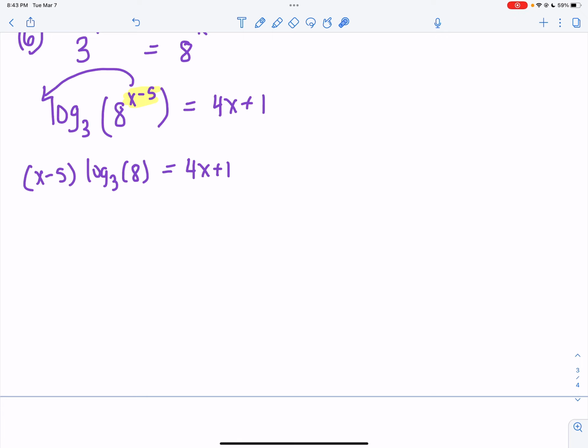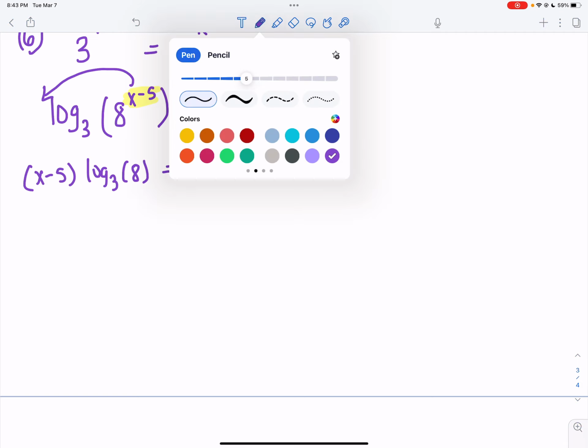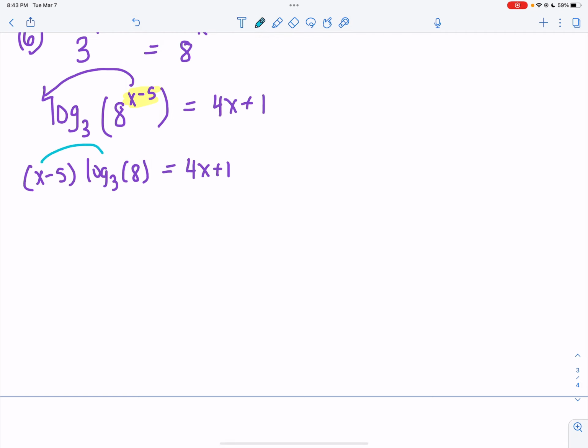Since my x minus 5 is being multiplied by the log base 3 of 8, I am going to use the distributive property to isolate the x. So now I have x times log base 3 of 8 minus 5 log base 3 of 8 is equal to 4x plus 1.